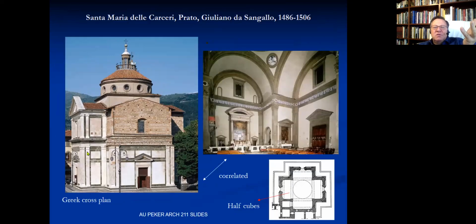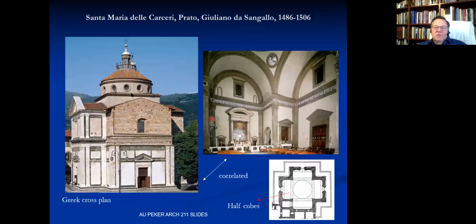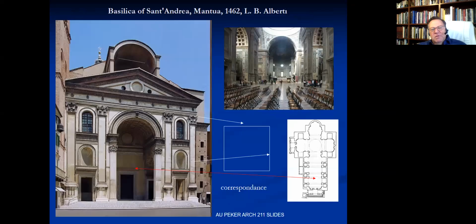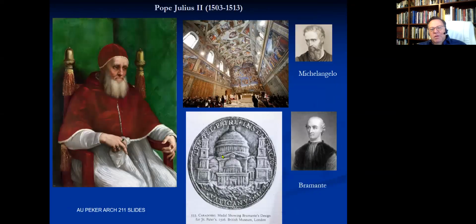Sangallo's designs, you see. A dominating dome and pediment. Pazzi Chapel. Dominating dome and arch. When you come to Bramante, you see a dominating dome and a pediment here. Verticality more pronounced than any other element, and the others subordinate to it.